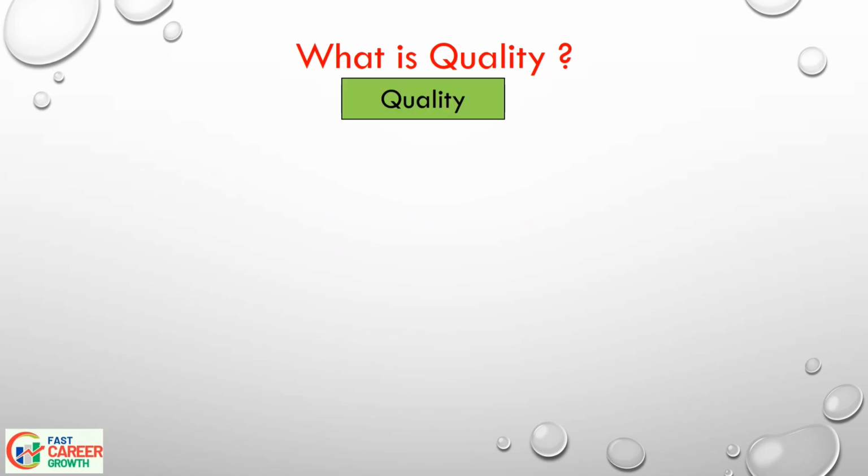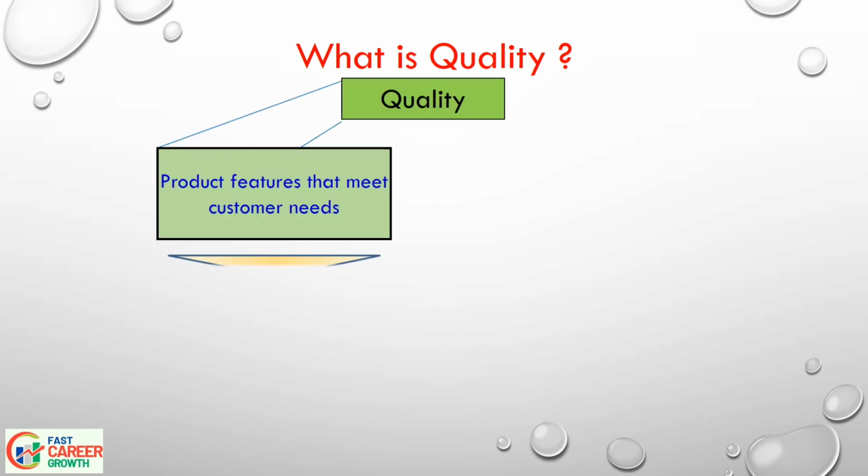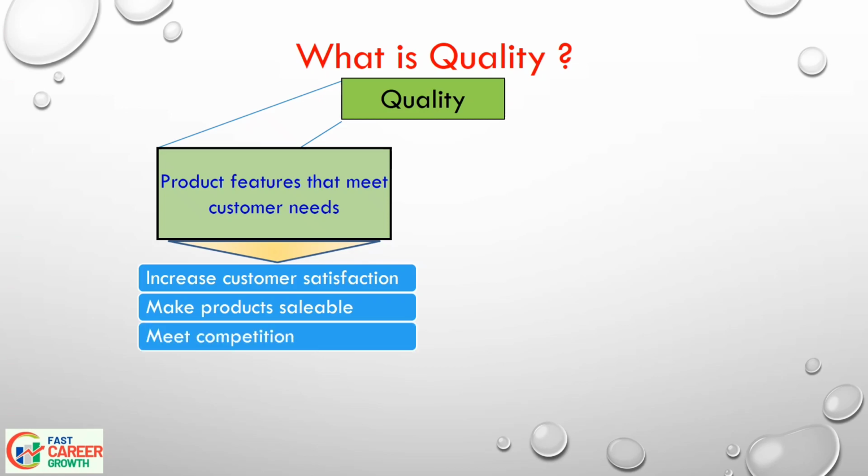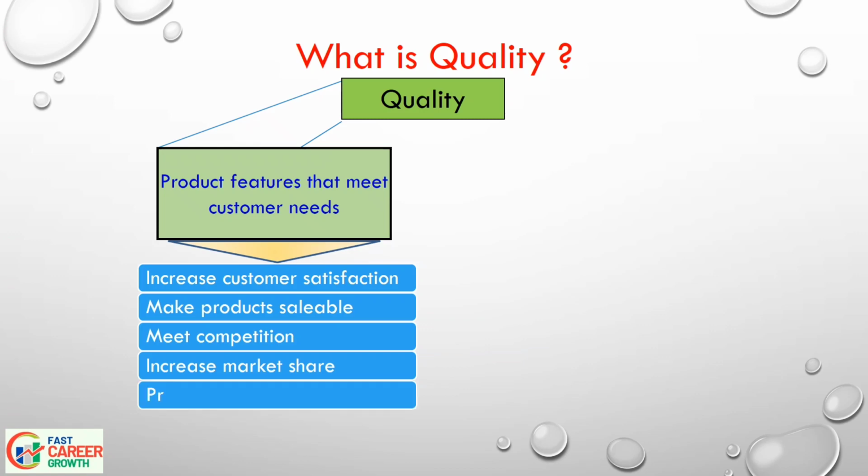It can be described in different ways. One is product features that meet customer needs. And second is freedom from deficiencies. Product features help to increase customer satisfaction, make products saleable, meet competition, increase market share, provide sales income, and secure premium prices.